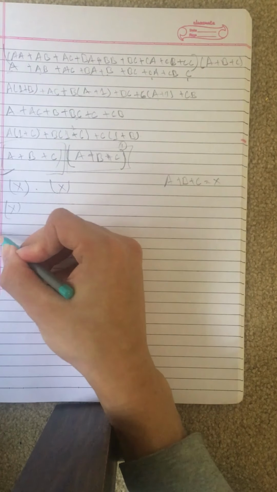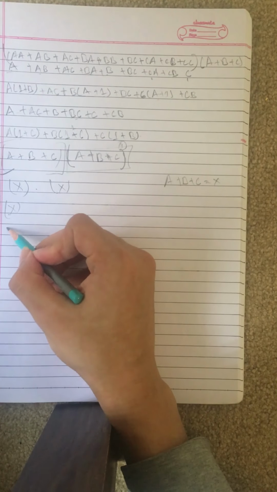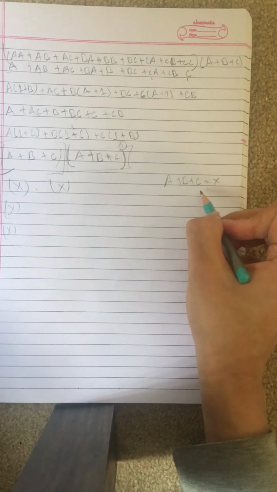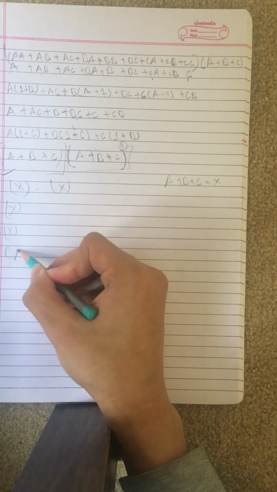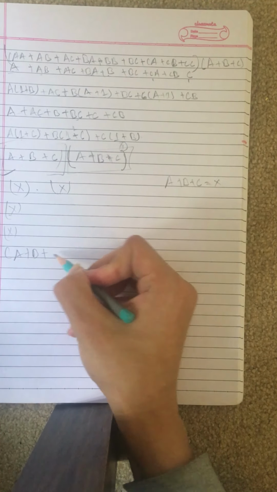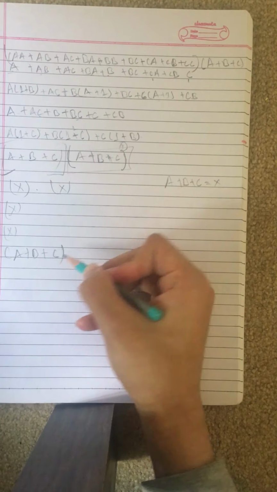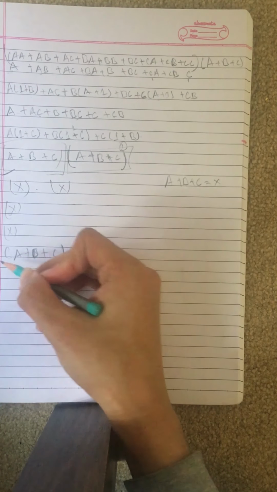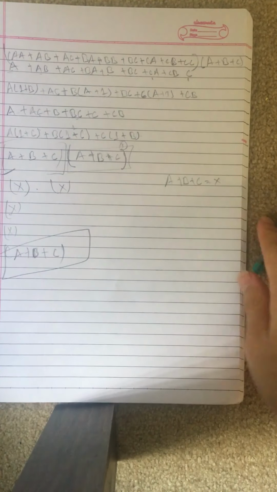So we can just use X. So the answer will be X, and if we plug it back in, X is A or B or C. So that's the answer for the equation that we've been given through Boolean algebra.